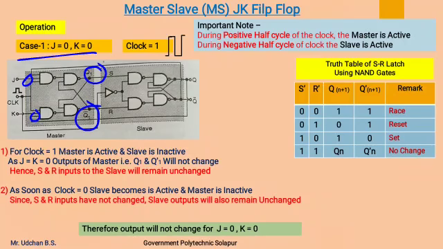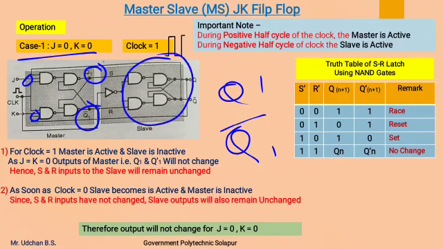Now in this case, as Q1 and Q1 complement are not changed, which are nothing but the S input and R input of the SR flip-flop, the S and R inputs to the slave will also remain unchanged.